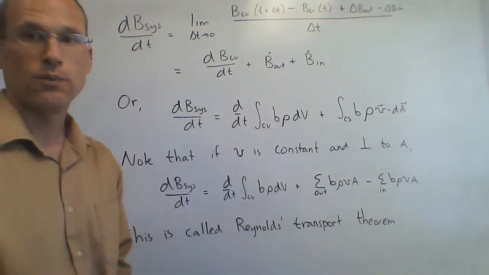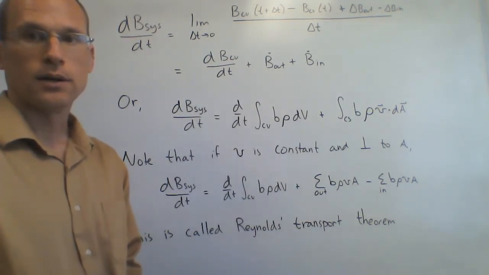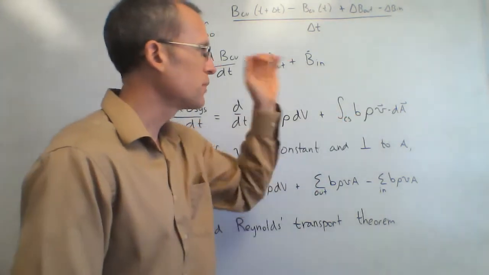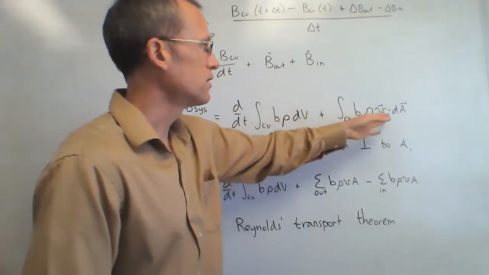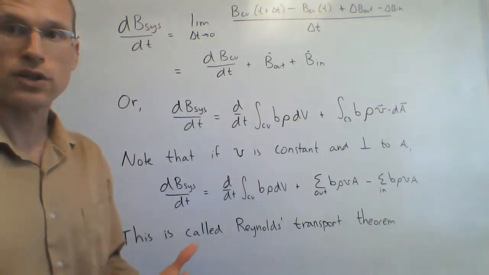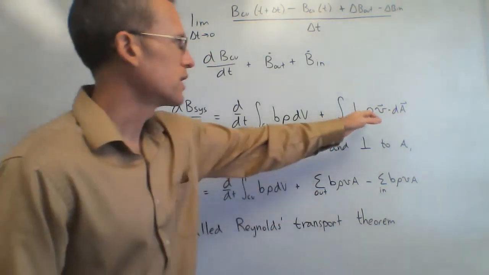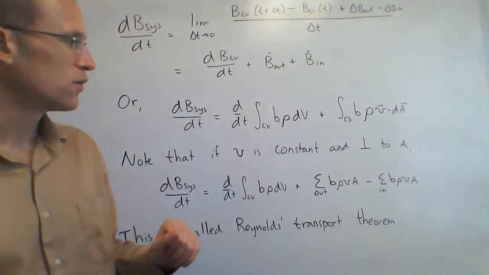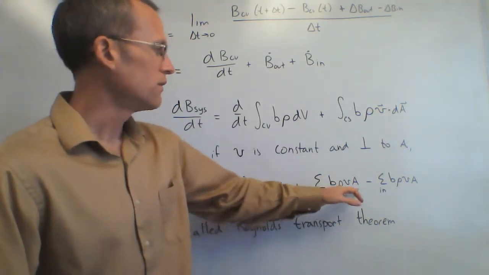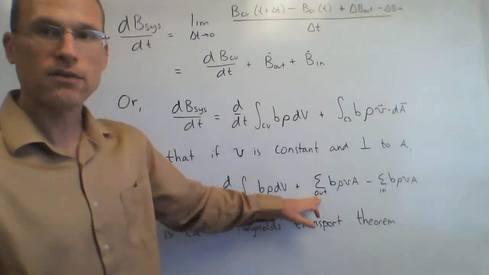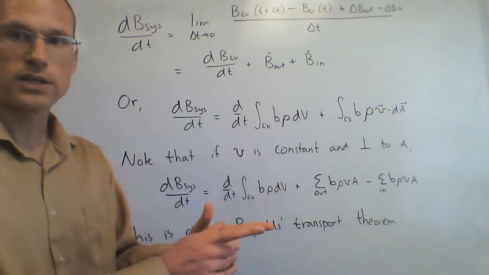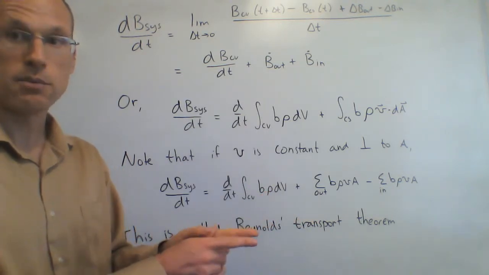And like before, what we saw for volumetric flow rate and mass flow rate, I have this v dot dA term. If velocity is nice and constant, and area is perpendicular to that as well, velocity times area just comes out in this form, so I just have b rho vA. Anytime I have a flow going out of a surface, my area and velocity are in the same direction, so that's positive.